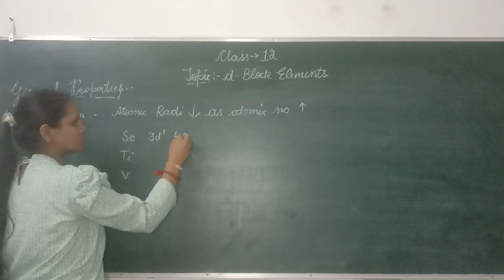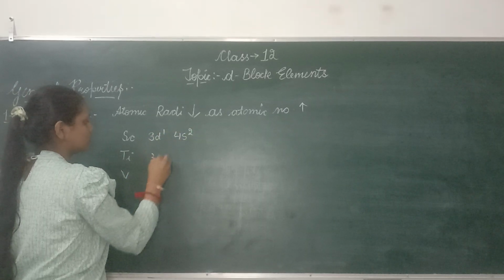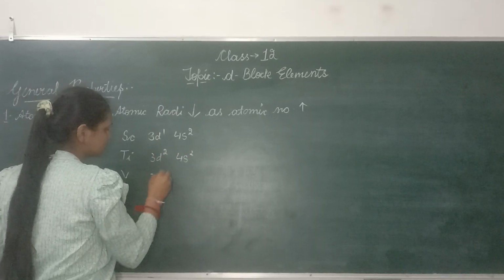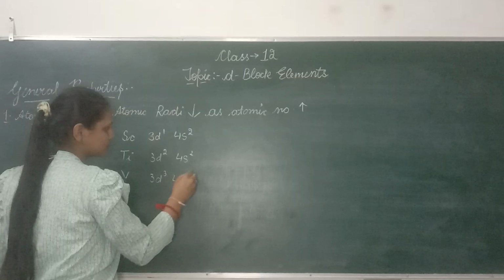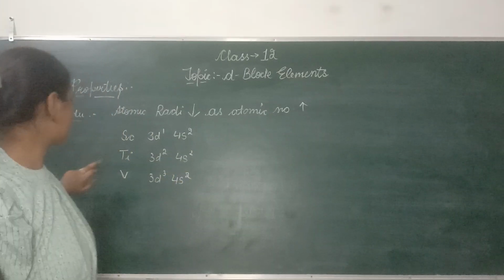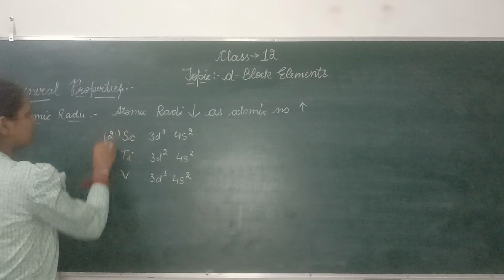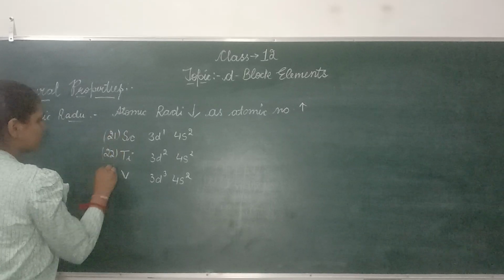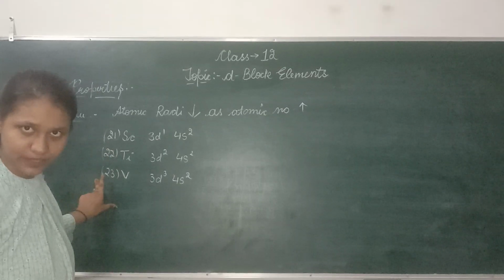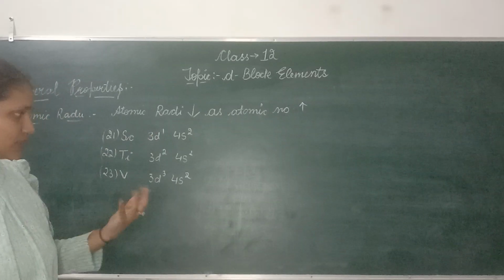Their configurations are 3d1 4s2, 3d2 4s2, 3d3 4s2, and the atomic numbers are 21, 22 and 23. With an increase in the atomic number, the attraction increases.